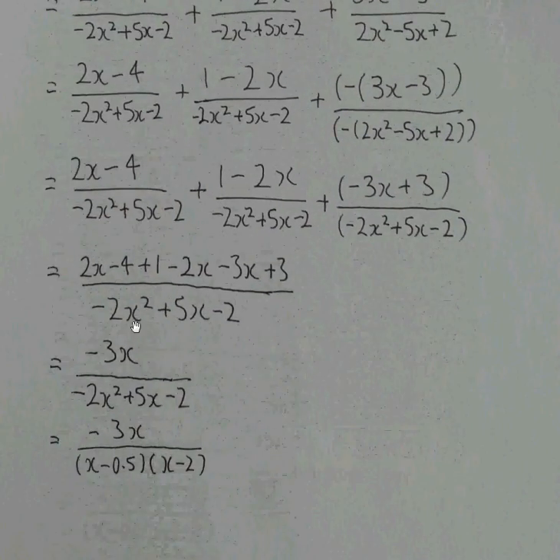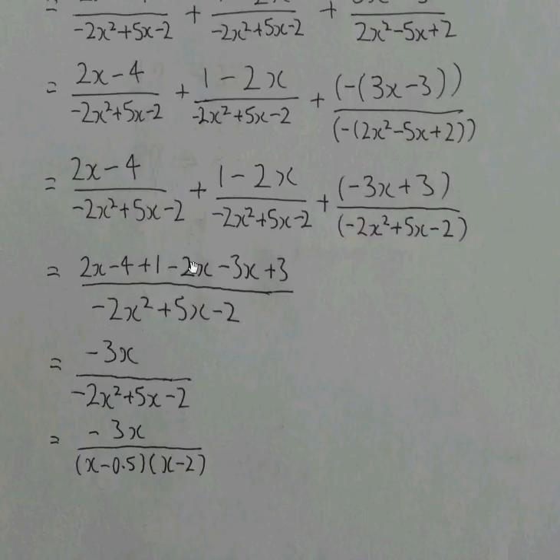After that, with the same denominator, we can put them all together. It will become negative 3x over this, but they say a single fraction in its simplest form, so we need to change it again.